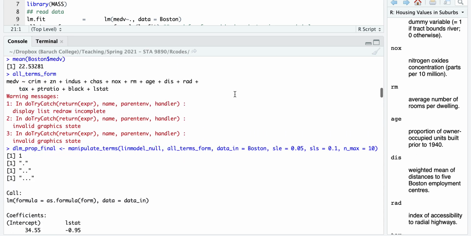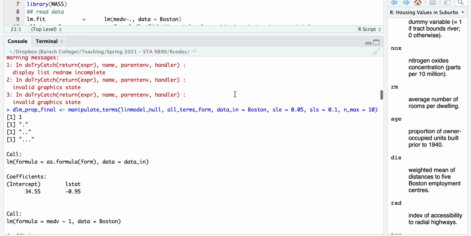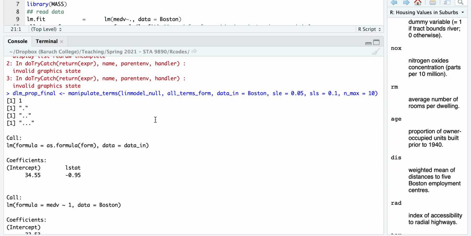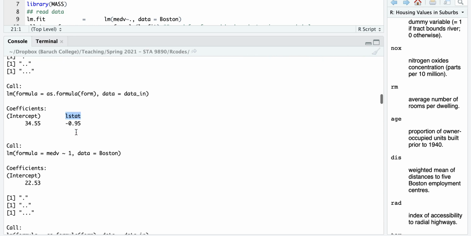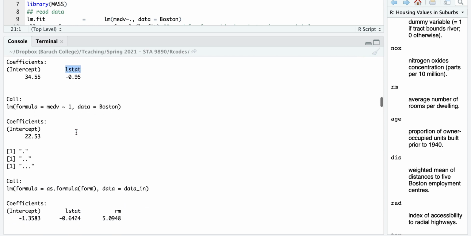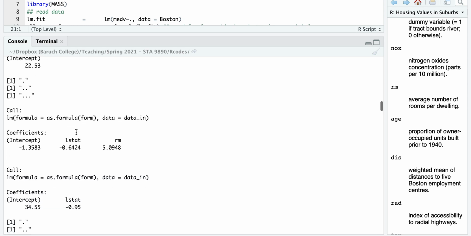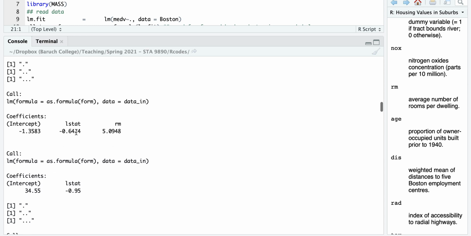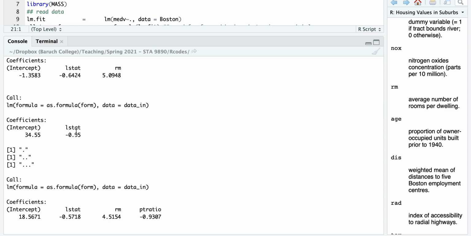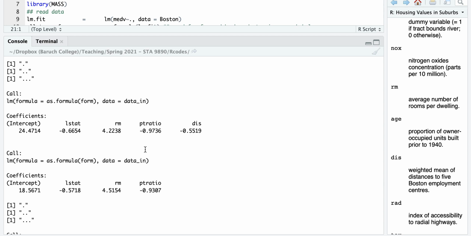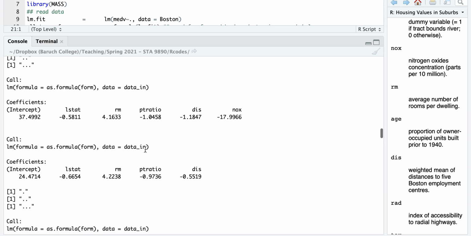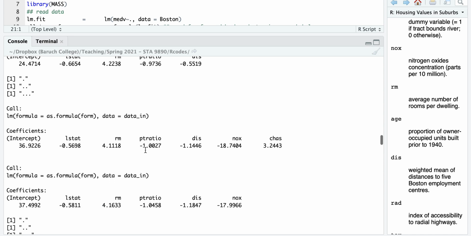Okay. So it starts with the intercept and then it adds lstat, RM, PT ratio, distance, NOX.